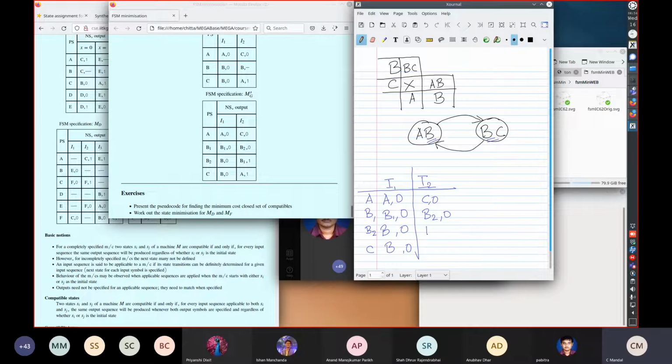Here I've got B1 with an output of 1, and I've got A with an output of 1.